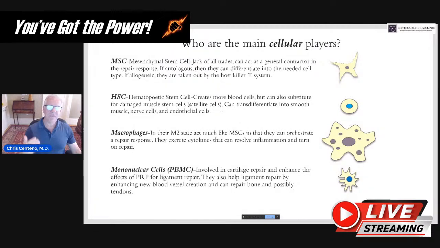Then we get into macrophages. In their M2 state, they act much like mesenchymal stem cells in that they can flip inflammation and turn off that inflammation switch to start repair. We've got mononuclear cells that are involved in cartilage repair and enhance the effects of PRP and do all sorts of other great things.